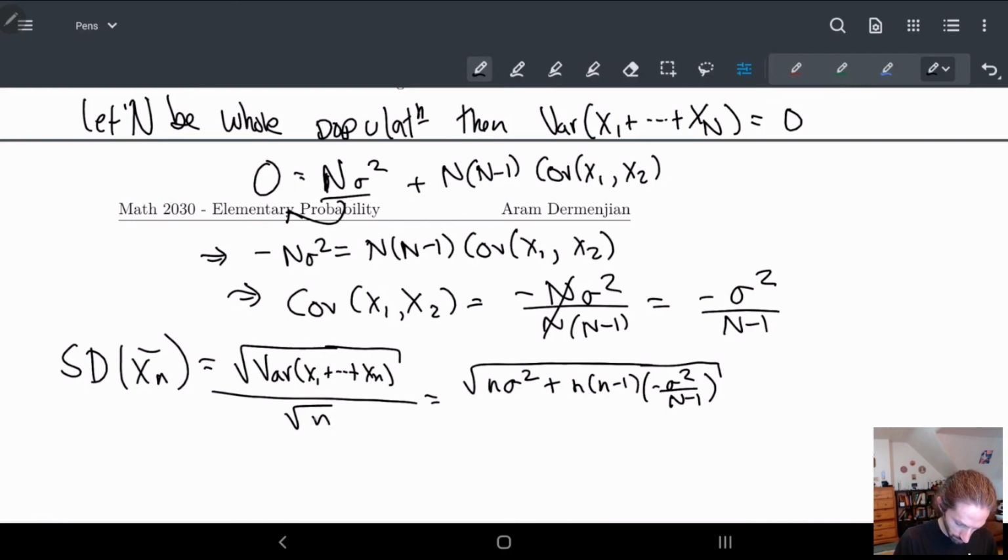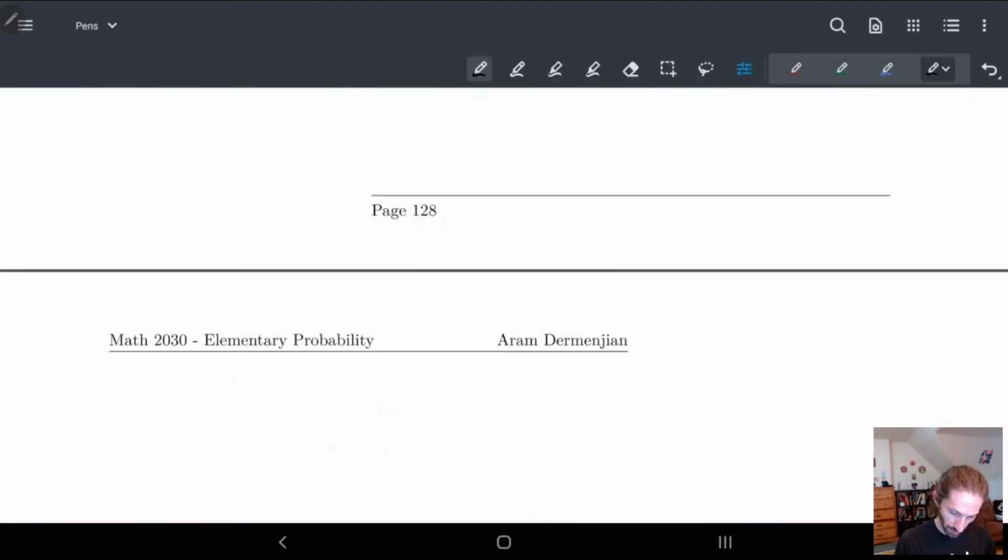So this should be this squared, sorry. Wait, am I missing something? Should this be n? Yeah, this should be n on the bottom.